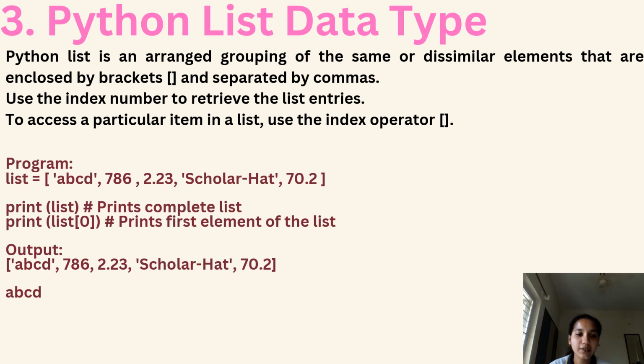Print list prints the complete list. Print list[0] prints the first element of the list. Output: abcd, 786, 2.23, scholar hat, 70.2 and abcd.